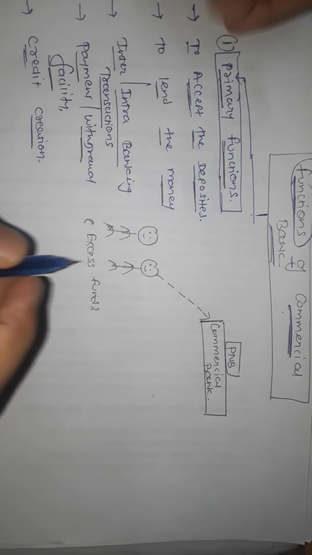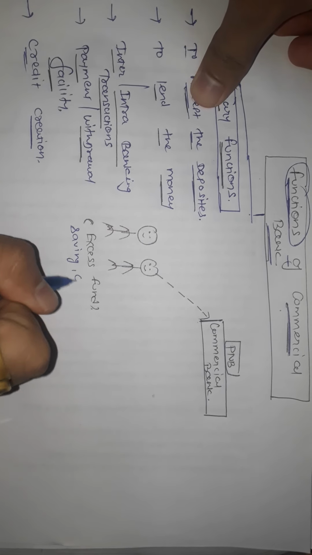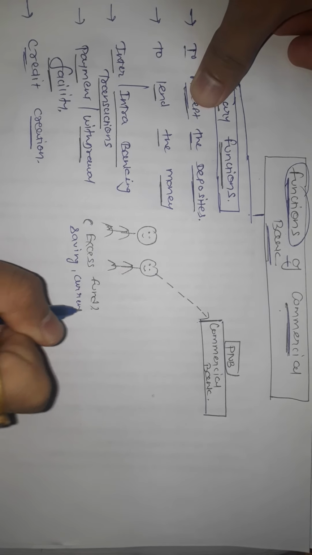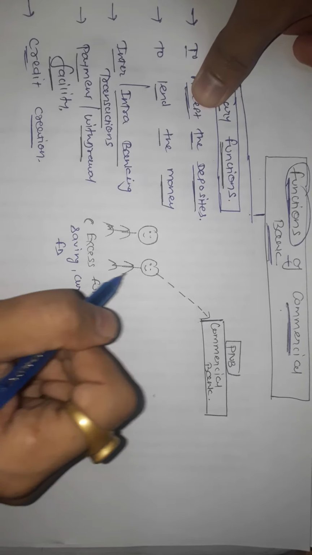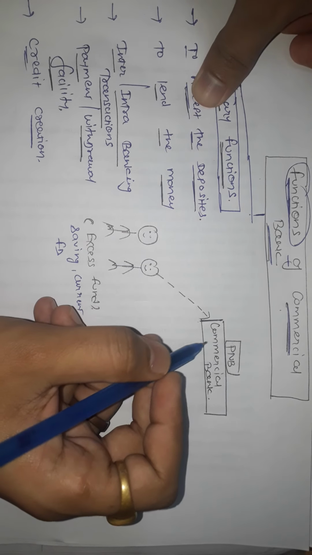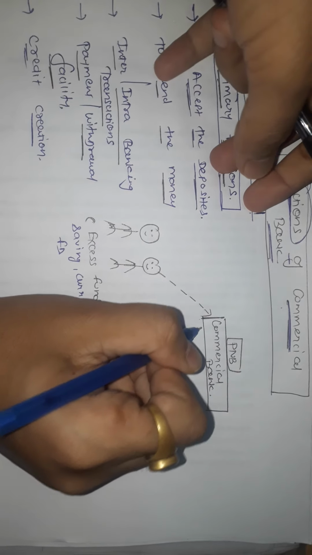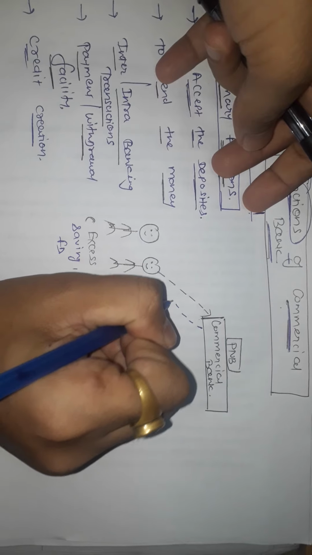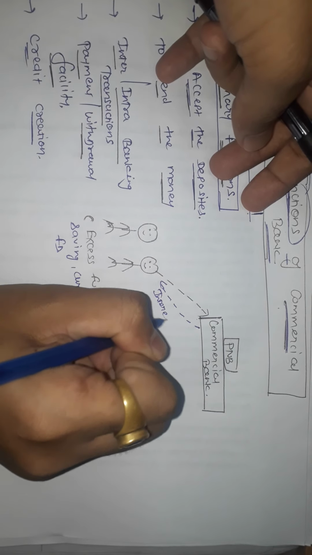Okay, when they have additional fund, they'll deposit that fund to a commercial bank by way of different accounts, like a savings account, a current account, or a fixed deposit. They're giving that fund to a commercial bank, and that commercial bank is liable to provide interest to those people.